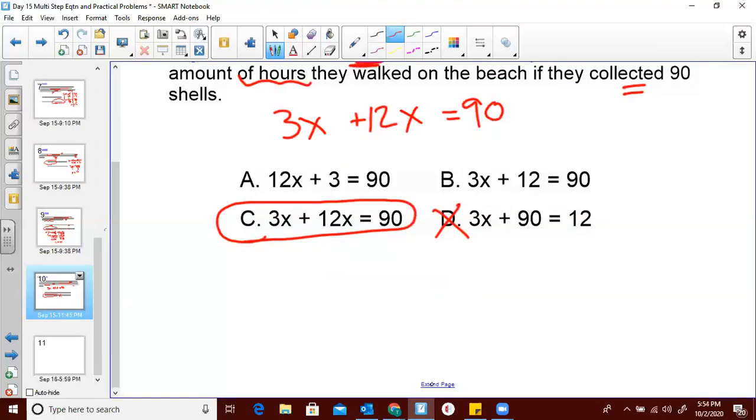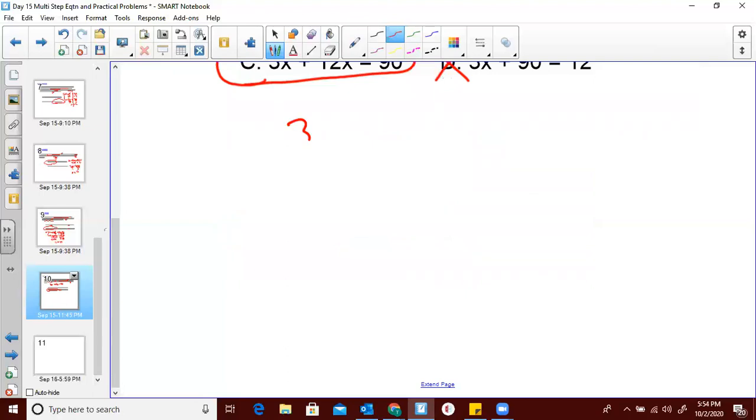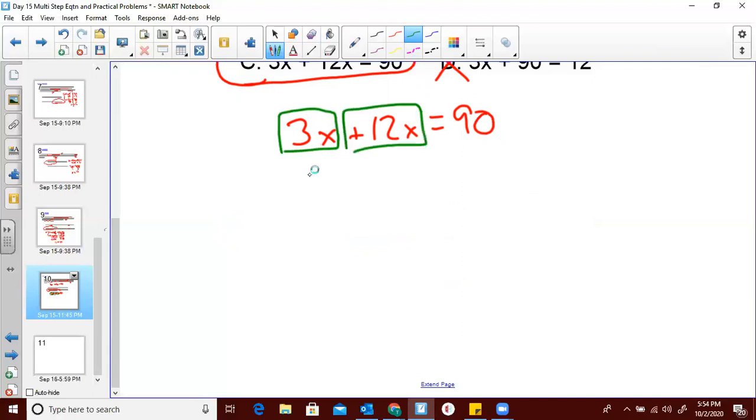And just for a little bit of fun, because it's Friday, we had 3x plus 12x equals 90. My next step, if I wanted to solve this, would be to combine like terms. Now I know that I have a 3x and a 12x, and when I add 3 and 12 together, I get 15. Can't forget about that x. And then I have 90.